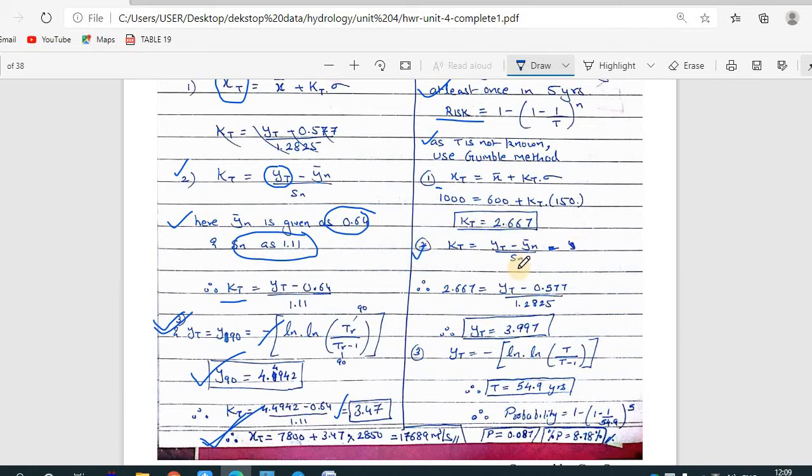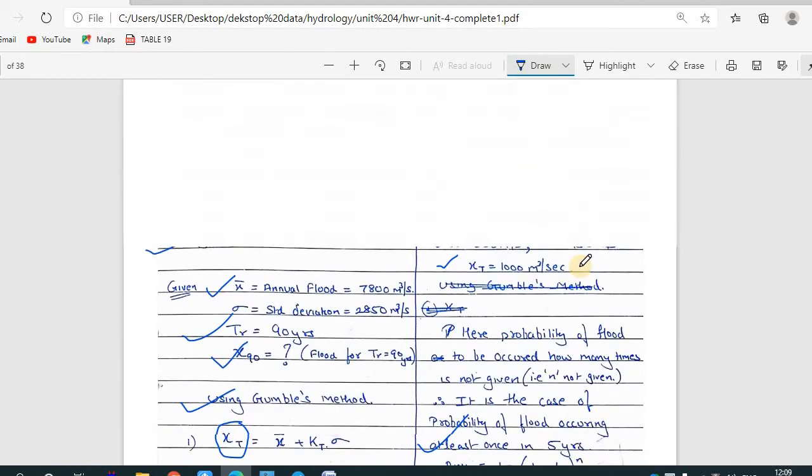Again we know that the value of kt is given by yt minus y bar n divided by Sn. So here we will put all the values, which is 2.667 equals yt minus y bar n, where y bar n is 0.577, which is given in the question, I think.